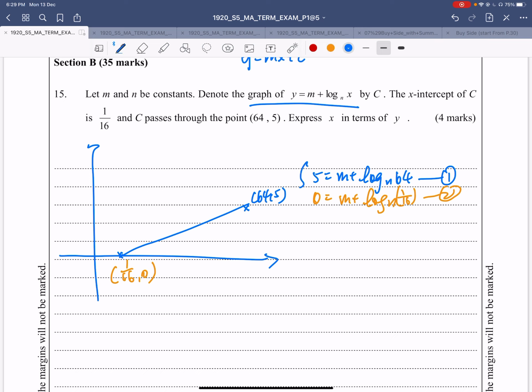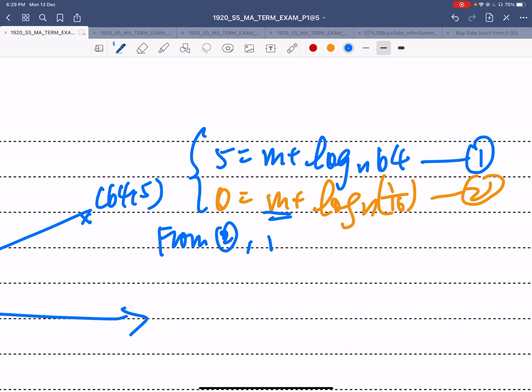You can easily simplify, and if you have two equations and two unknowns, then you can solve the simultaneous equations. You can use the method of substitution, because you can see m is isolated, you can easily isolate m, right? So from 2, m equals negative log n 1/16.